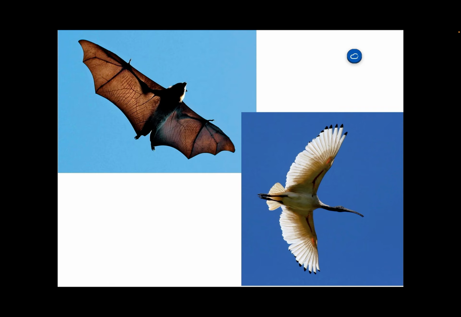Whereas for a bird, even though the wings of the bird do the same thing as the wings of the bat, and they kind of look similar maybe in shape, the wings of a bird are composed of feathers. So these stiff keratin structures, and the feathers are coming off of the upper and lower arms and the wrist of the bird, instead of the hands of the bird. So the underlying structures may be different.